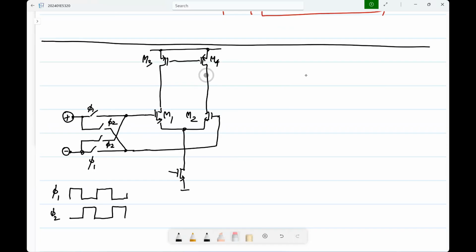And in the other phase, the opposite, M4 must be diode connected, and you take output from M3. So you need a switching network here as well. Okay. So it is a little bit messy to draw all the details here, but for the first time around, I'll do that.